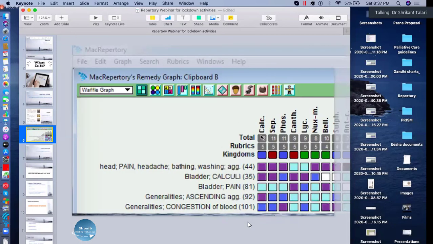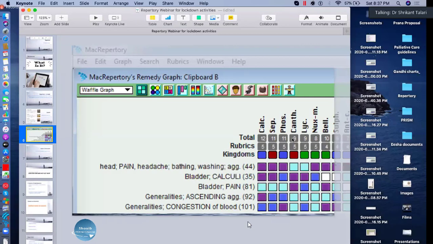So from this list also, we individualize and we choose the one that suits our needs, that is very peculiar for what our need is today. Similarly, we have to do this with the group of remedies after repertorization. We have to find the individualistic features out of this group of remedies to choose the exact remedy for the patient.